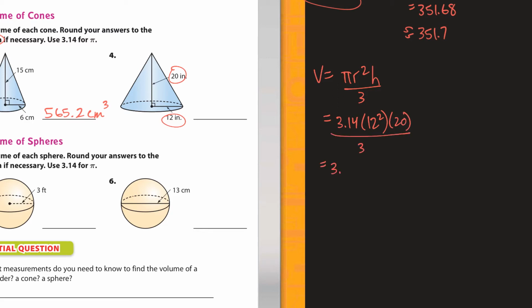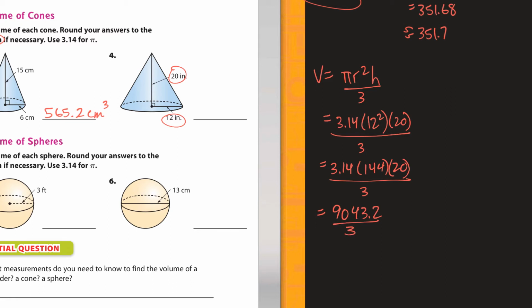And I'll try to simplify this as best I can. 12 times 12 I know is 144 times 20 and divide by 3. Okay, calculator time. I have 3.14 times 144 times 20, and that's 9,043.2, and then divide that by 3.